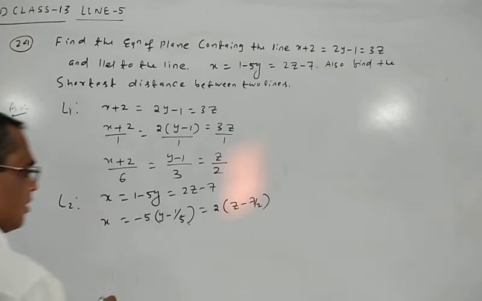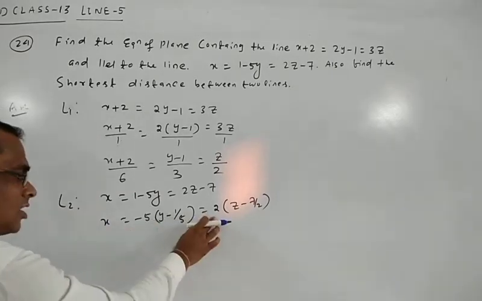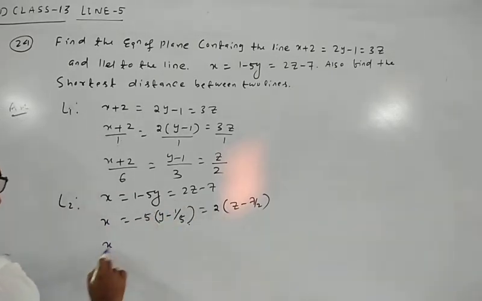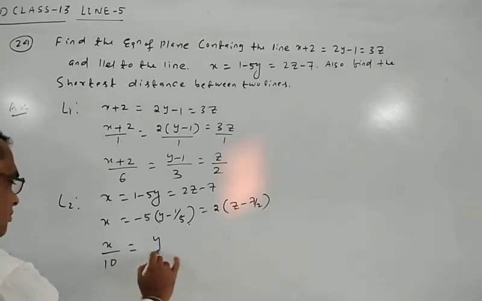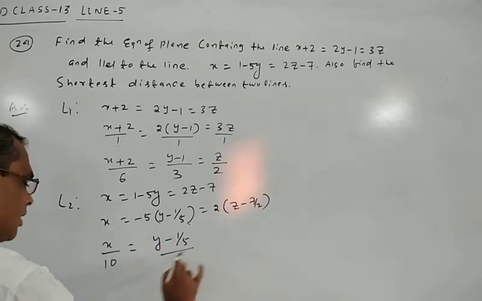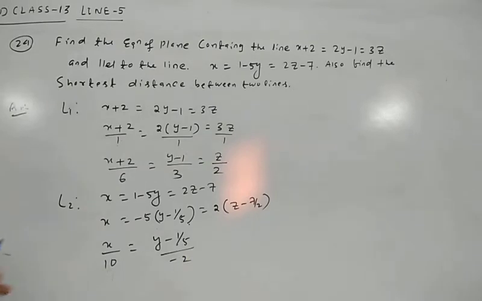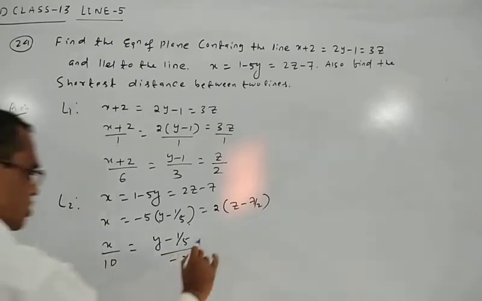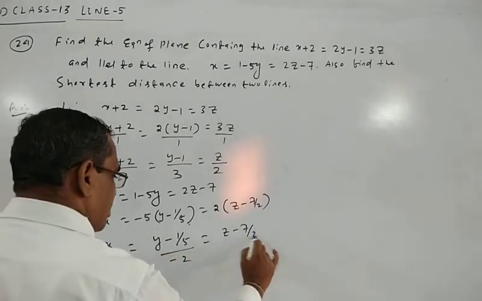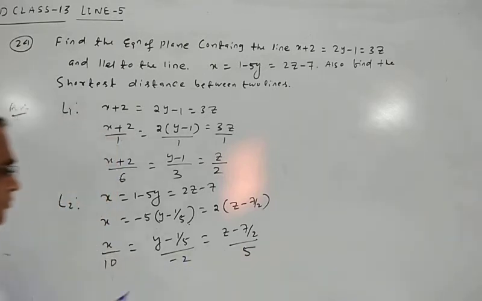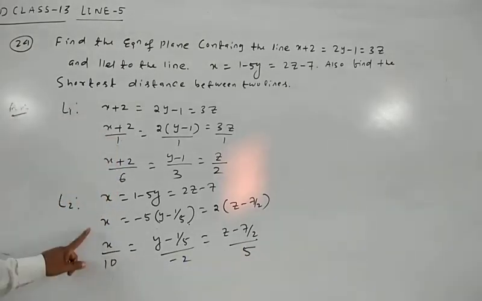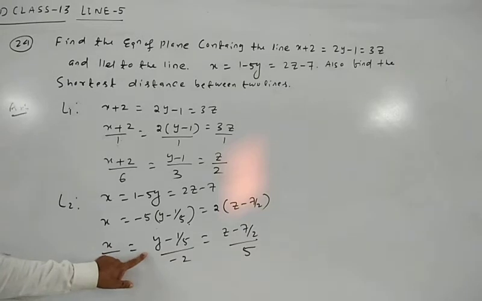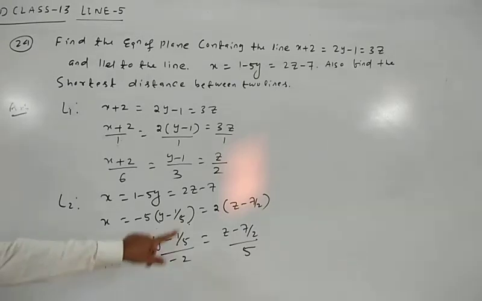The LCM of minus 5 and 2 is 10, so dividing by 10, this is x by 10, y minus 1 by 5 by minus 2, z minus 7 by 2 by 5.